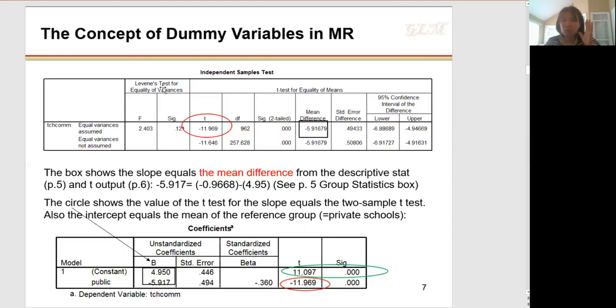Don't get confused between Levene's test and other types of t-test. Here the t-test, confidence interval, and t value are here. This is totally different from this, okay? Levene's test is for assumption violation checking, in particular the homogeneity assumption.